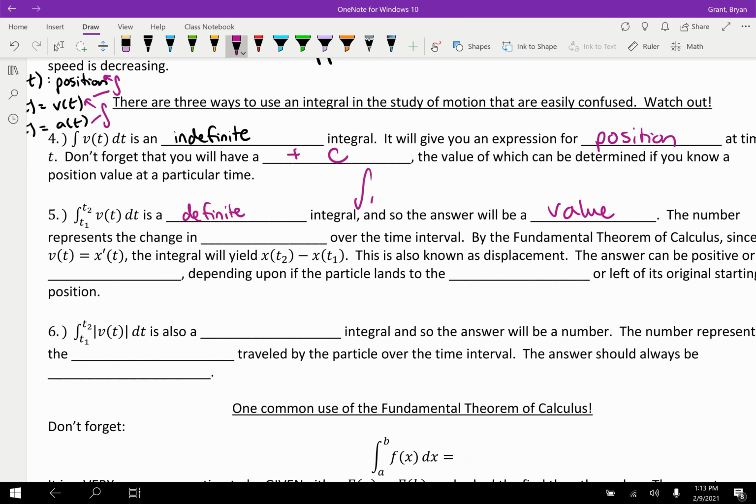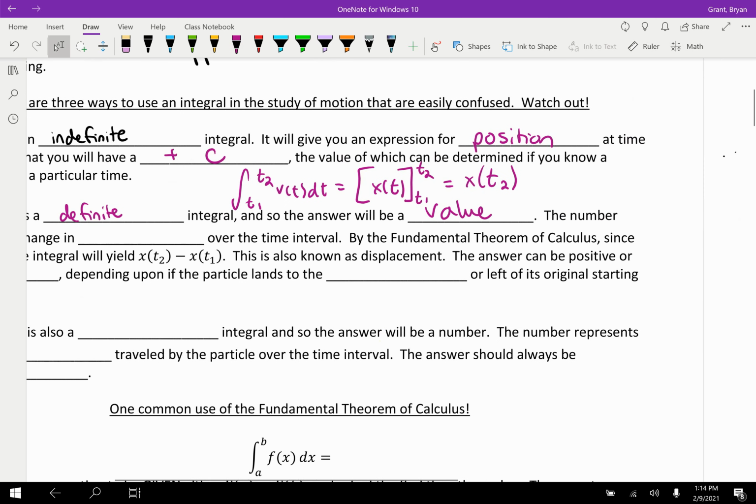if we do the antiderivative of v of t, we discussed this, here's our fundamental theorem of calculus, it becomes, we'll say x of t, could be y of t, from time 1 to time 2. And then we have to substitute in each of those values. So x of, or the position of, the ending time minus, fundamental theorem, the position of the beginning time.